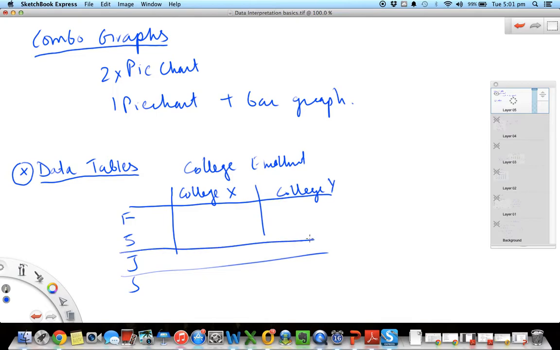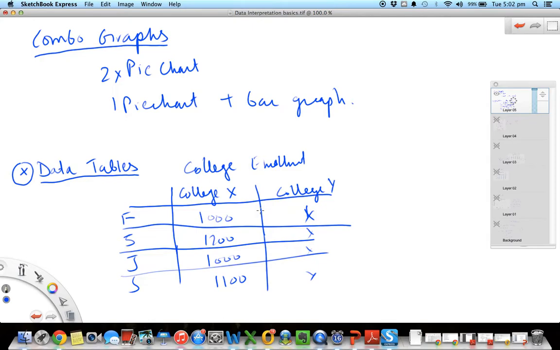So instead of any graphical representation, it's just simple data presented here. So maybe in college X, there are 1,000 freshmen, 1,200 sophomores, 1,000 juniors, and about 1,100 seniors, and so forth for college Y, right? So this is another very simple way to present data.